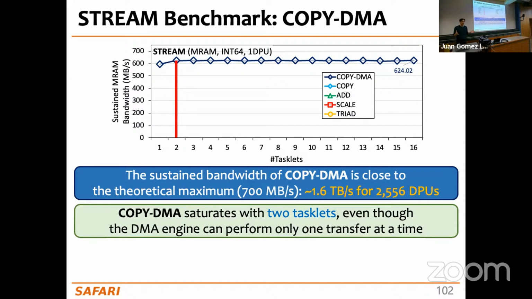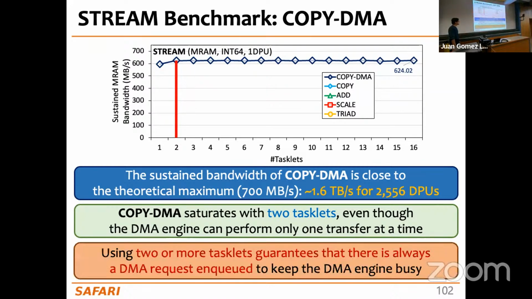There is no such thing here because the DMA engine can only perform one access at a time. The only reason the bandwidth for 2 tasklets is slightly higher than for 1 tasklet is that if there are 2 tasklets, there is always one request, one access ready for the DMA engine to get, right? It's a minor observation, but that's what explains it.